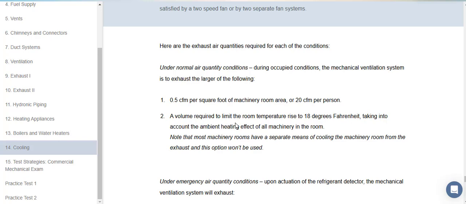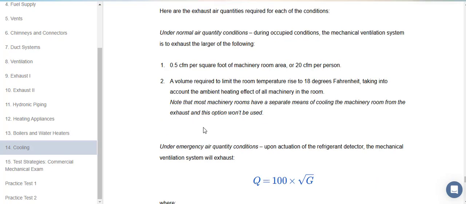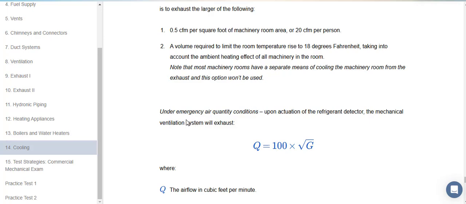Number two, a volume required to limit the room temperature rise to 18 degrees Fahrenheit, taking into account the ambient heating effect of all machinery in the room. Note that most machinery rooms have a separate means of cooling the machinery room from the exhaust, and these options won't be used under emergency air quantity conditions.